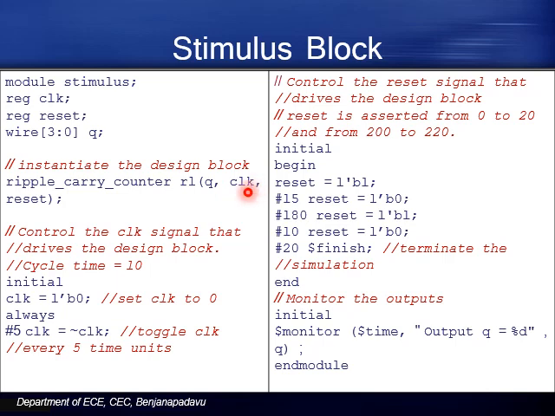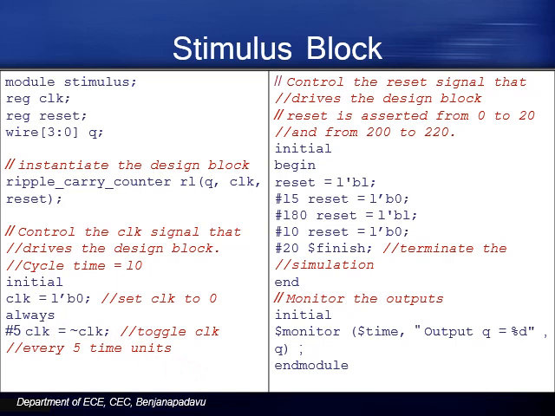So first one is the clock. Clock is a train of continuous pulses. To give the clock input, we first initially make the clock equal to 0, and then I say that always, for every 5 time units, toggle the clock.